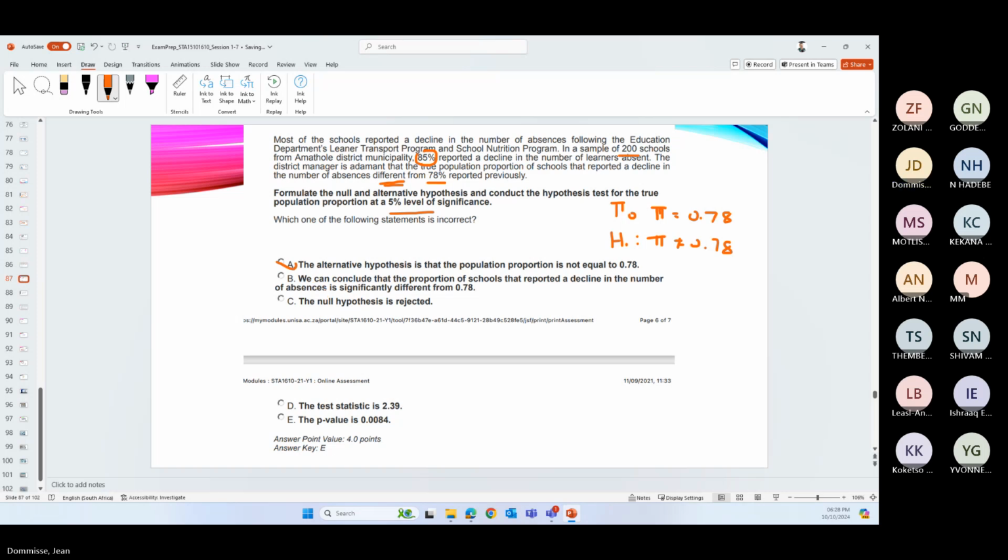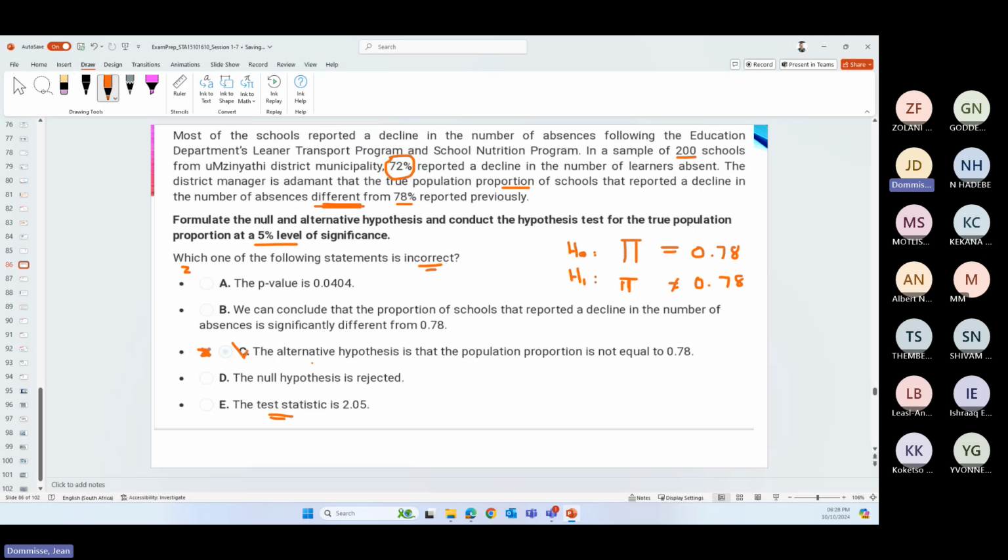Then we look at the null hypothesis in conjunction with the level of significance, the p-value and the t-stat, so those two go together. The rest we will need to work out. To get to the p-value, we need to get the z. So let's get to the z.